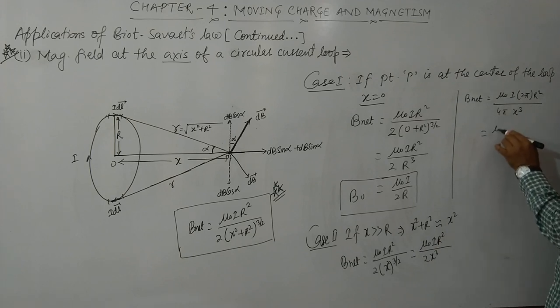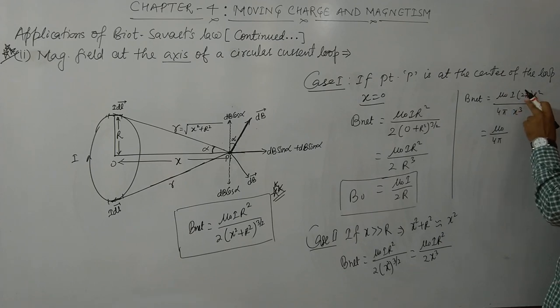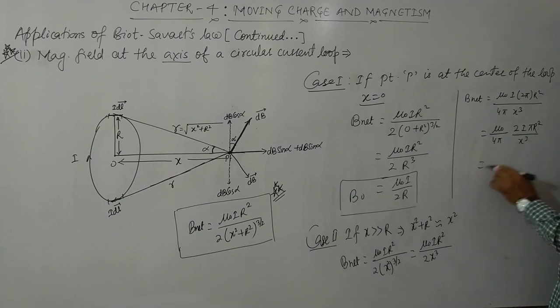Now we can separate these two terms, mu 0 upon 4 pi, and this is 2 I pi r square upon x cube, and this pi r square is the area of the circular loop whose radius is r. So we can write here mu 0 upon 4 pi, 2 I a, area of the loop, in place of pi r square, upon x cube, and this becomes mu 0 upon 4 pi, 2 m upon x cube.